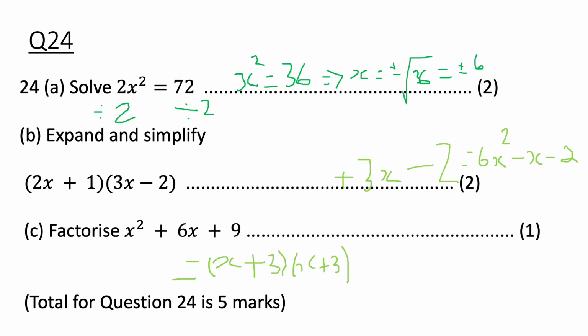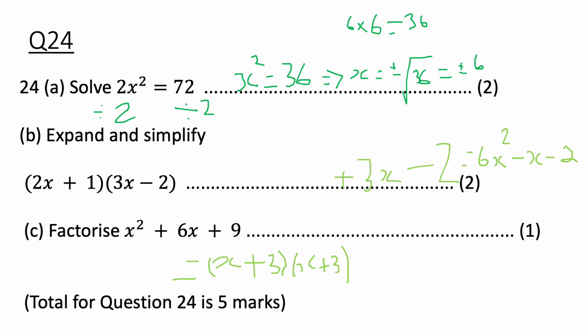Okay, so 72 divided by 2 on my calculator gave me 36, and the square root of 36 on my calculator is 6. Okay, so the square root of 36 is 6, because 6 times 6 is 36. Now you might be asking me, well, why have I got a plus and minus here? It's because when I solve an equation that has a power of 2, it's always going to have 2 distinct real roots, okay, where possible.